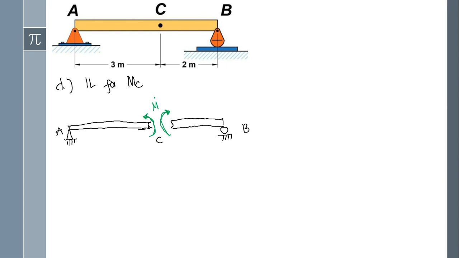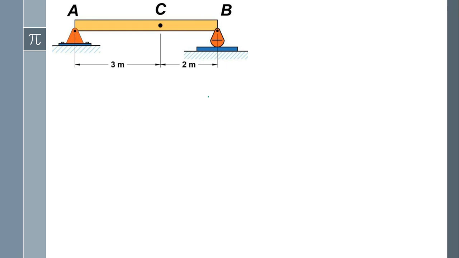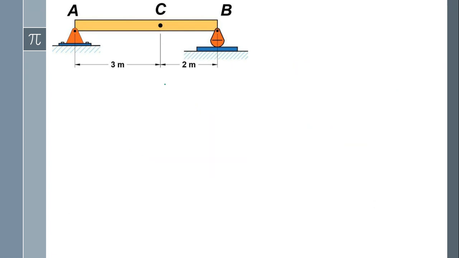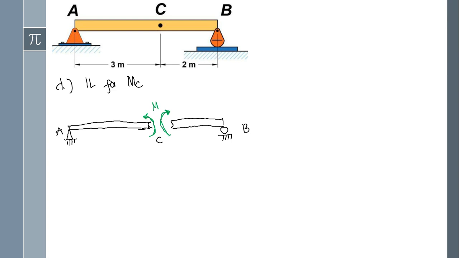Ang atong convention gyud is going downward ang shear sa left segment man mostly ang atong ginagamit. So going downward ang shear and then counterclockwise ang moment. Kanina is going down ang shear and then going upward ang iyang partner. So diri counterclockwise na siya, clockwise na.